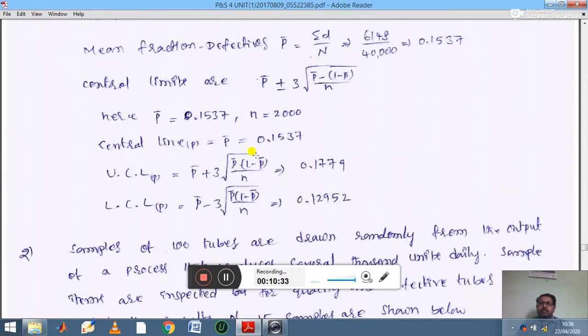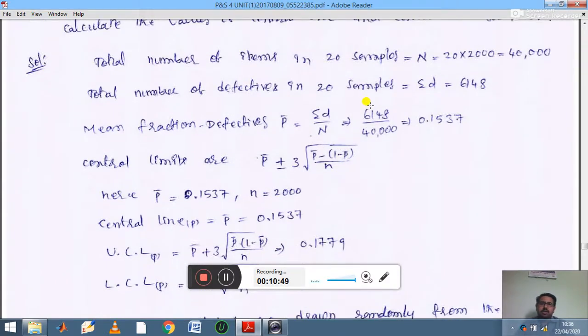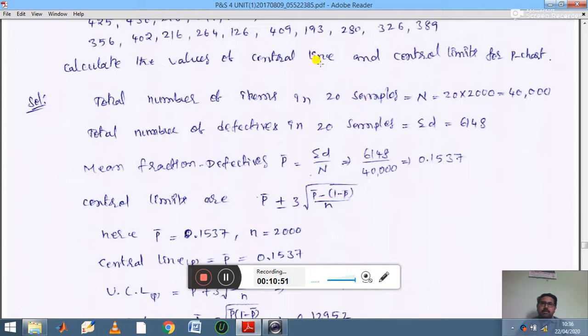Then if you calculate with the help of these two formulas, your UCL value is 0.1779 and LCL value is 0.12952.